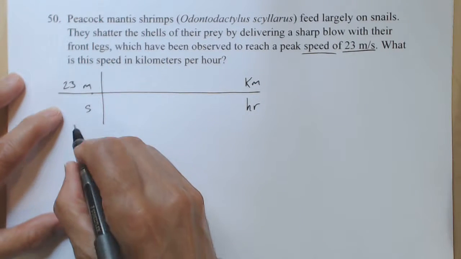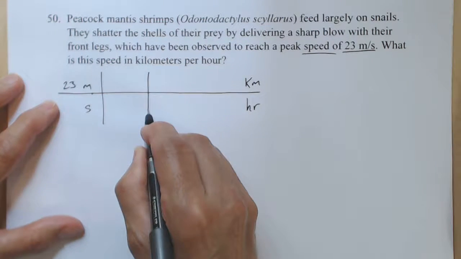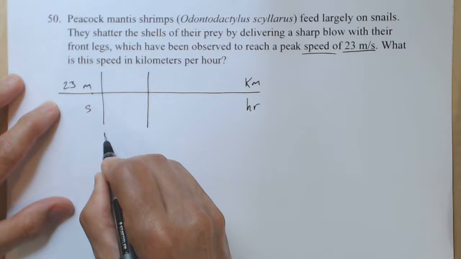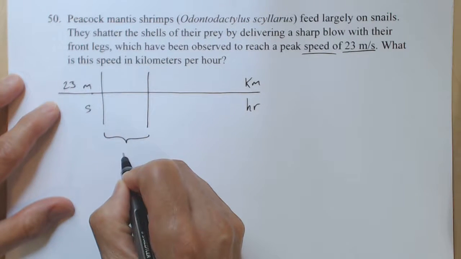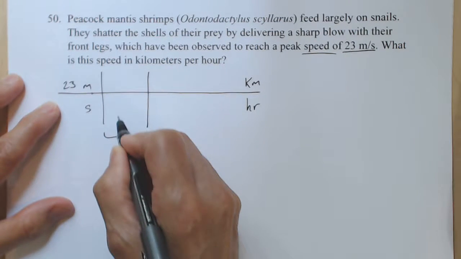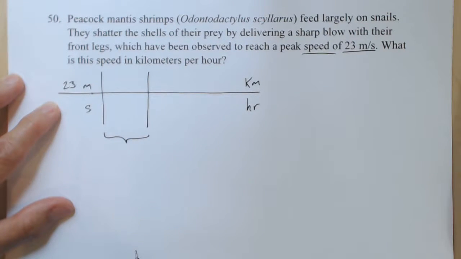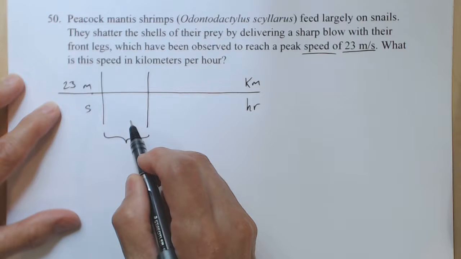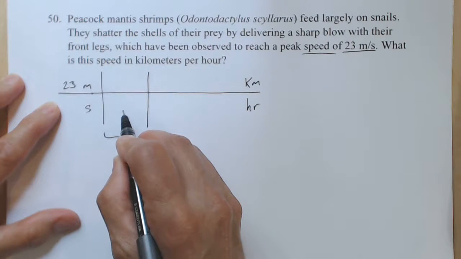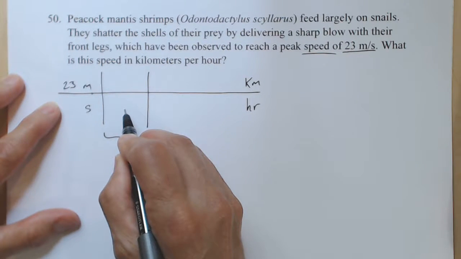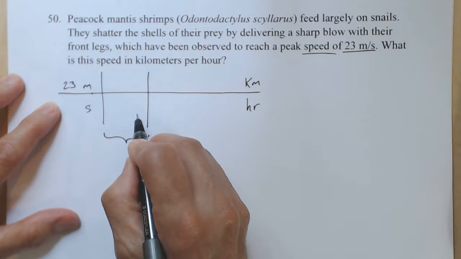So I'll go ahead and start building my fence posts here. Remember that each fence post has to be a fraction equal to 1 whose denominator cancels with the numerator of the fraction just to its left. So I'm going to start by looking for a fraction equivalent to 1 that has meters in the bottom.